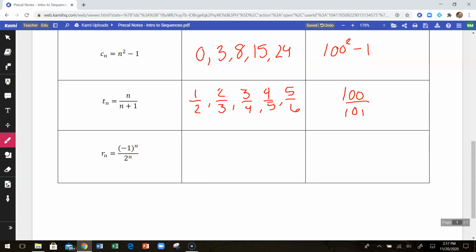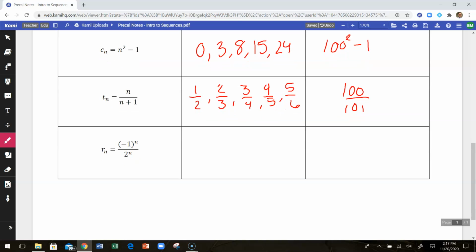And then the last one we have is negative 1 to the n over 2 to the n power. Now there are a couple things here that are going to be useful for when it comes to writing these equations. On top, negative 1 to the n. So if I plug in 1, negative 1 to the first is negative 1. And on bottom, 2 to the first is 2.